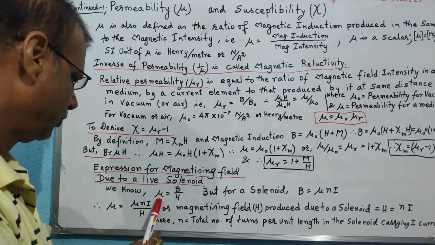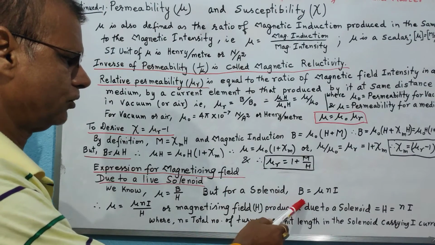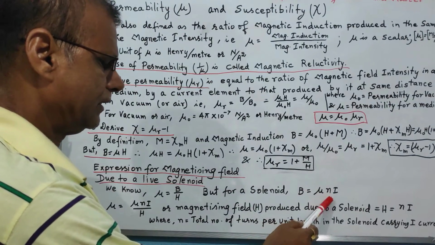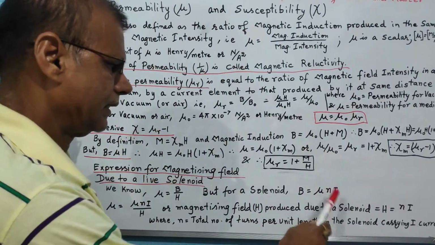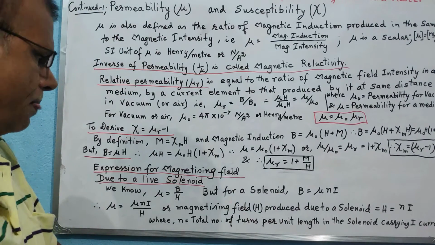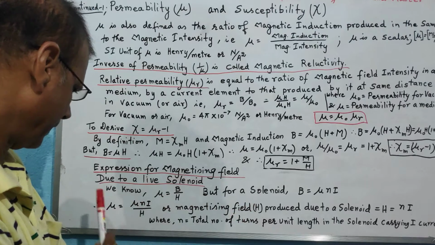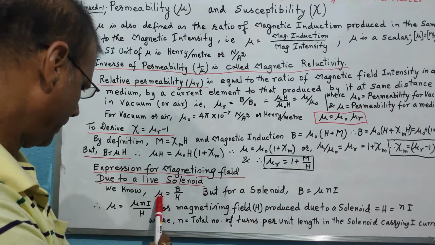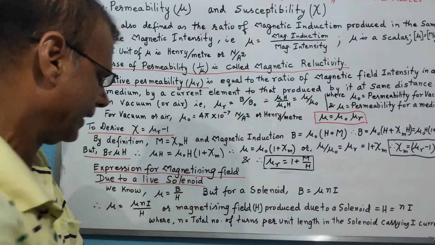We know that mu is equal to B upon H, and the magnetic field produced due to a solenoid is equal to mu 0 n i, where n is the number of turns per unit length in the solenoid and i is the current carried by the solenoid. So for B we can write mu H, and B is equal to mu 0 n i.